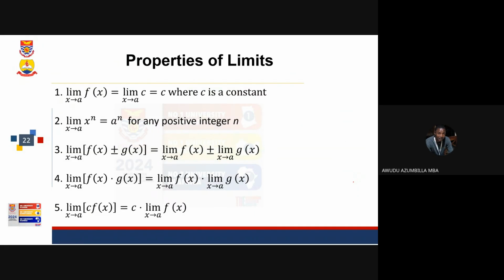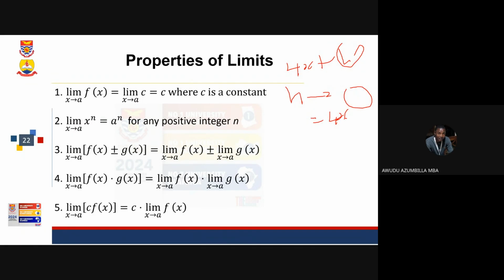Now, what are some properties of the limit? There are some properties of limit that we are going to do. If you take a limit of a constant, we are going to get a constant. Take note. A limit of a constant is going to be a constant. Remember, when we were looking at the function, we said the limit as h approaches 0, if you have 4x plus h, it means that whenever h is equal to 0, you are going to get 4x.